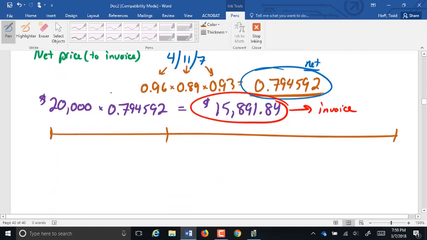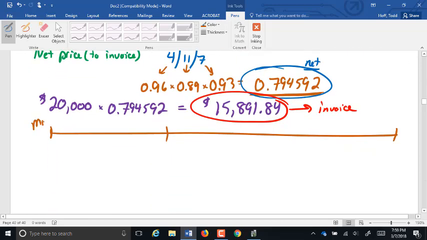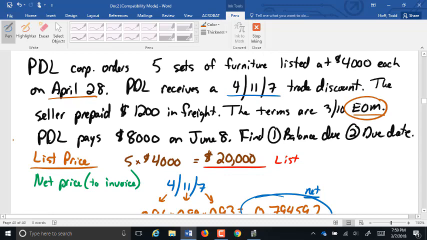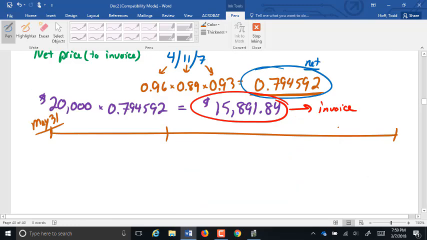Very good. The last day of May is May 31st. It is a 3/10 EOM, which means that discount is going to end on June 10th, and it is 3%. EOM, of course, means it ends on the 30th of the next month, so June 30th.